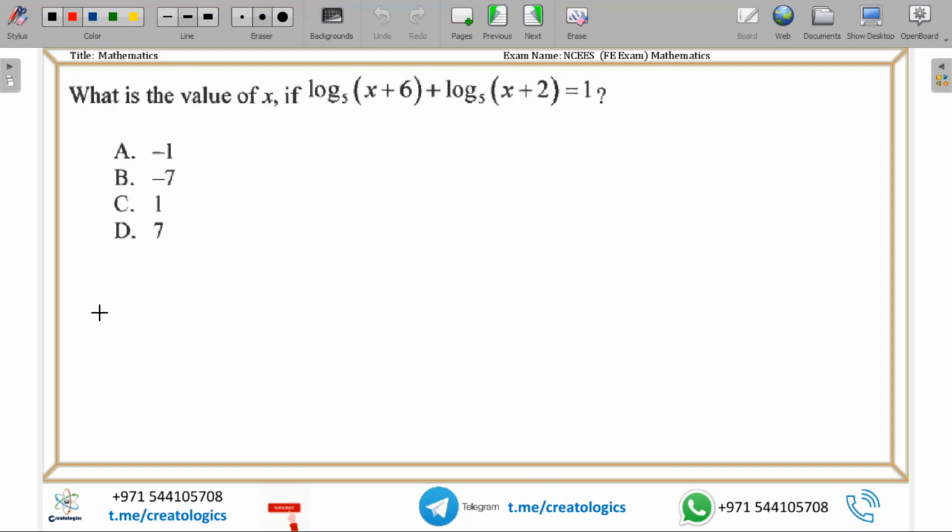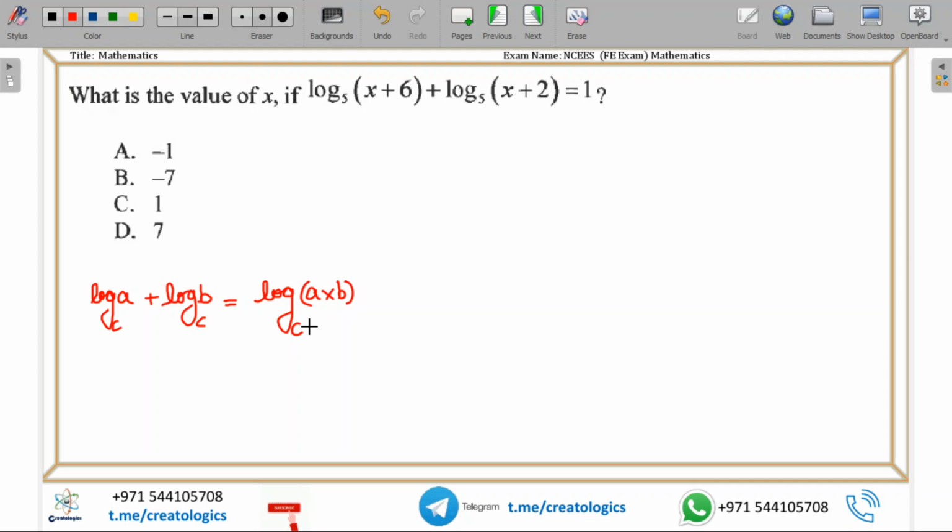Properties of logarithm says if the bases are the same, say log of a plus log of b, with the same base c, then the value of log a plus log b is log of a times b with the base c.